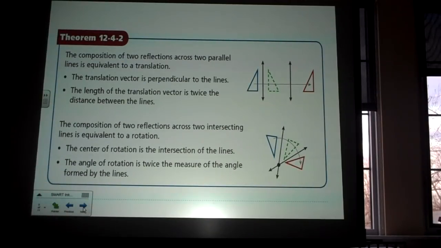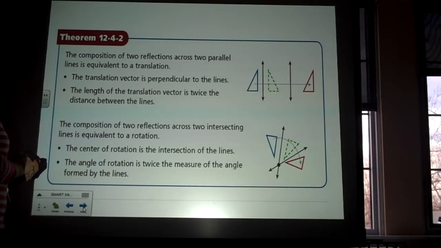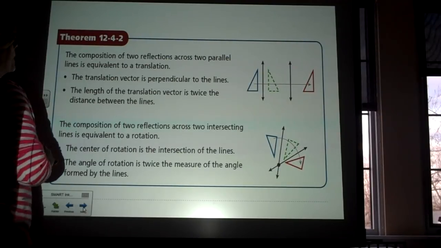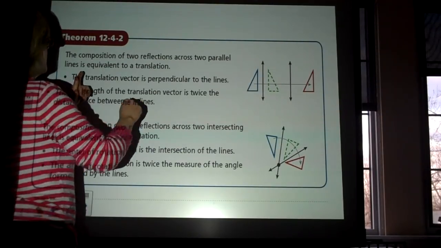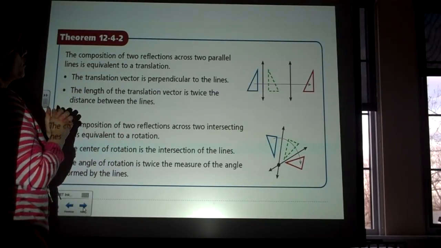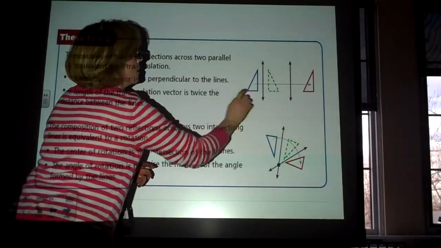Okay, the composition of two reflections across two parallel lines is equivalent to a translation. The translation vector is perpendicular to the lines. The length of the translation vector is twice the distance between the lines. What this means is that this composition is two reflections across two parallel lines. Here's our two parallel lines.